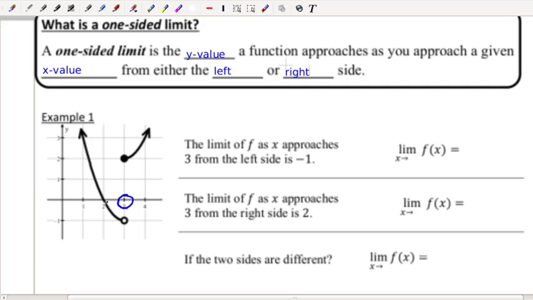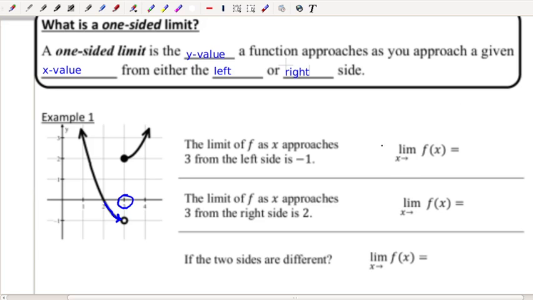So how do we see that on the graph? Well, coming from the left side, here I'm to the left of the 3, and I'm coming in this direction along my x-axis, getting closer and closer to 3. So if I follow it along the function then, from the left side, I see that the y value that I get closer and closer to from the left side is -1.